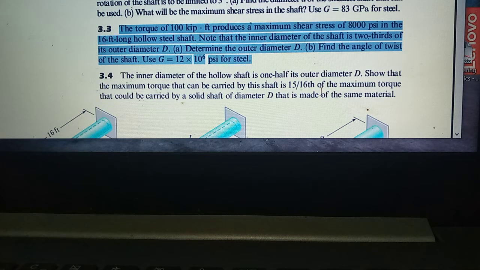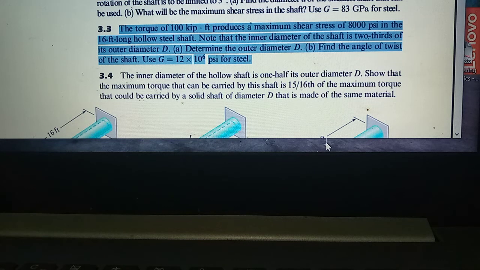Note that the inner diameter of the shaft is 2/3 of its outside diameter D. So these are the questions. Determine the outer diameter D and find the angle of twist of the shaft. Use G, or the modulus of rigidity, equivalent to 12 times 10 to the 6 psi for steel.